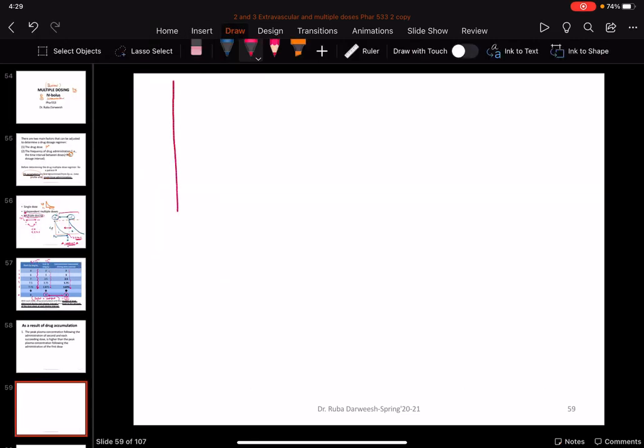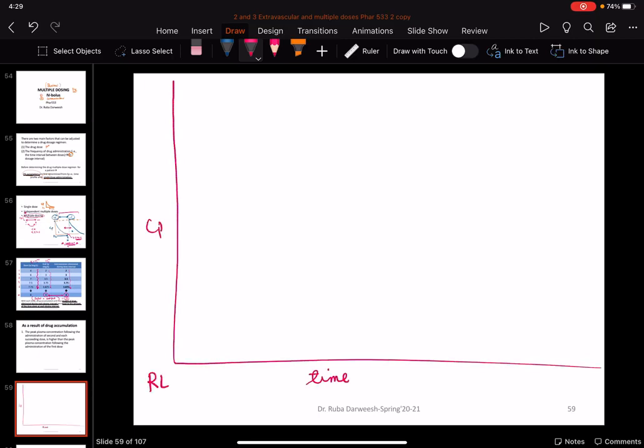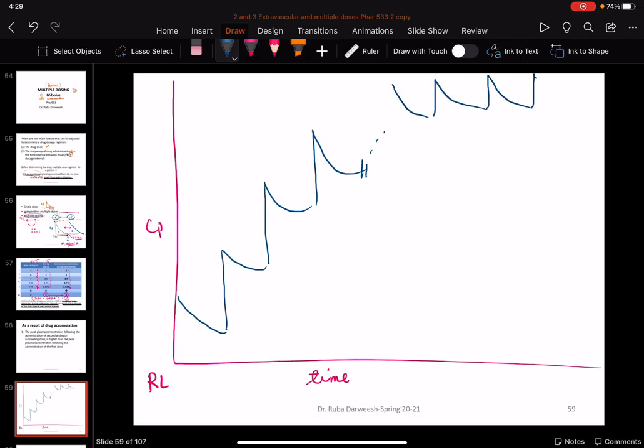So whatever is happening according to the dependent multiple doses, let's draw our profile, concentration versus time. Let's talk about a rectilinear profile until we reach the steady state.